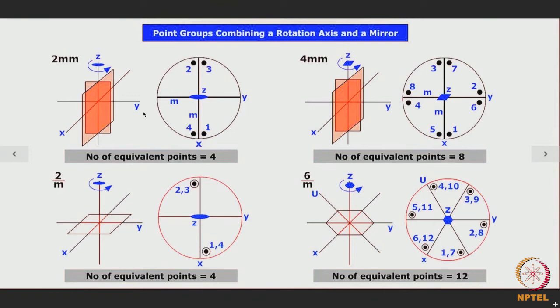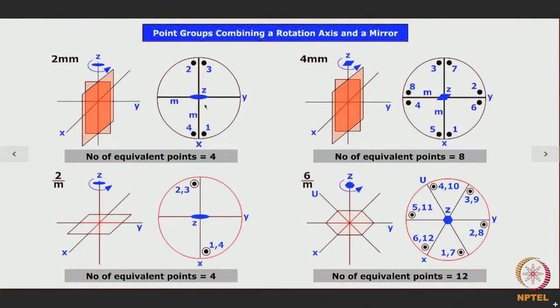Say the vertical plane is the given mirror, because if we write it as 2m, it means a 2-fold axis with a mirror containing that axis. So, suppose this vertical axis is the given mirror. This mirror can be presented as this line in the stereographic projection.